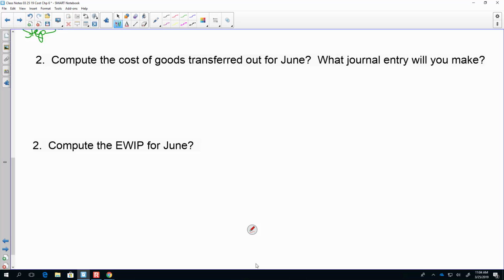So now in step 4, to get our answers for question 2, how much was split between the two? Under the FIFO method, again, we have to start with started and completed units, to finish beginning WIP, and we can't forget our beginning WIP cost. So there's actually three amounts here that we got to combine together to get our cost transferred out.